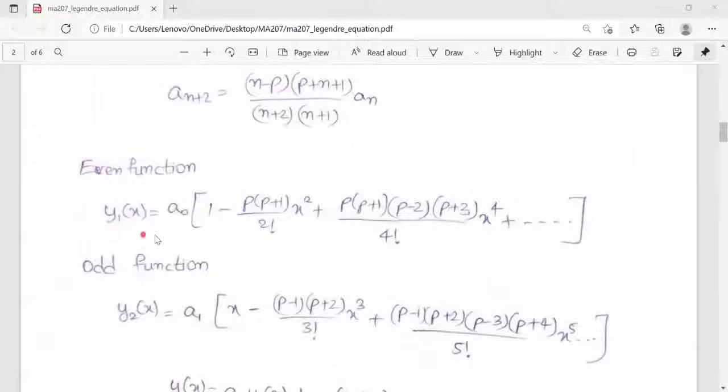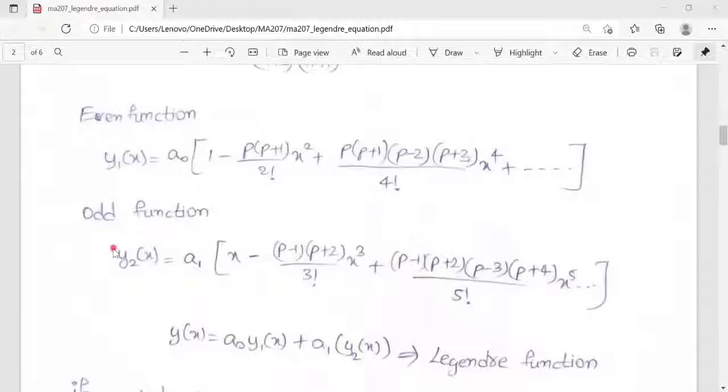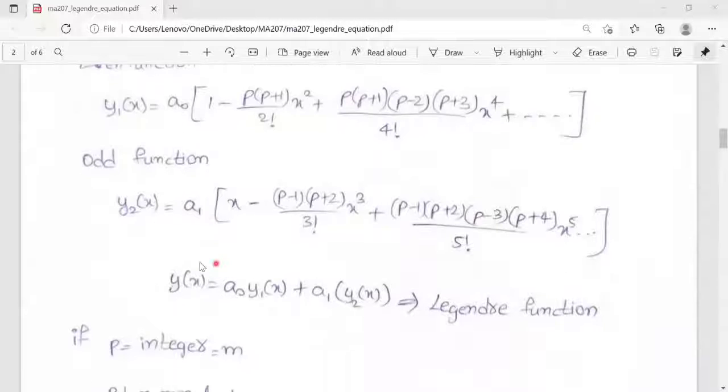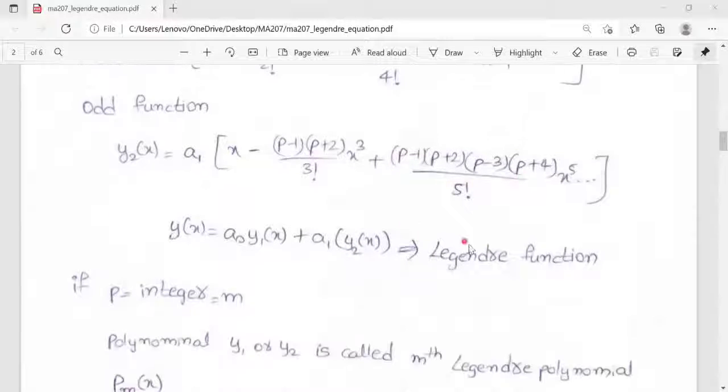If we club all the odd terms, it will be y2. So y of x is equal to a naught times the even function plus a1 times the odd function. This is the Legendre function.